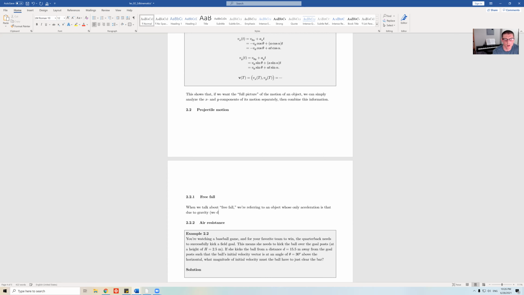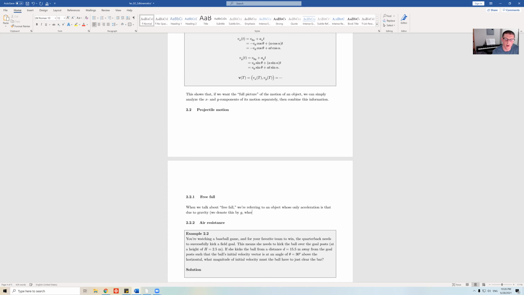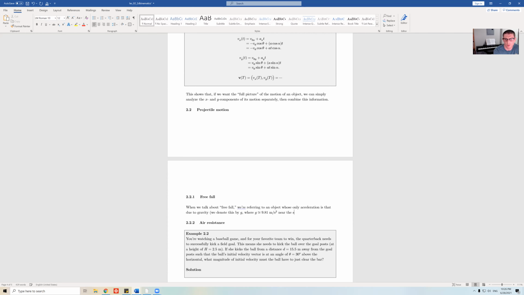And we denote this with G, where, for those of you who like numbers, we can say that G is approximately 9.81 meters per second squared near the surface of the Earth.